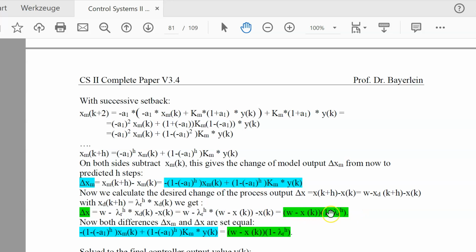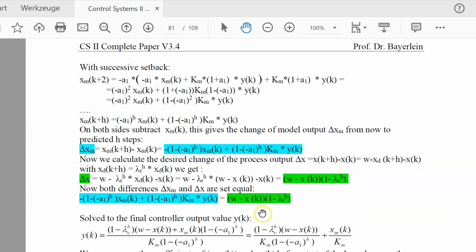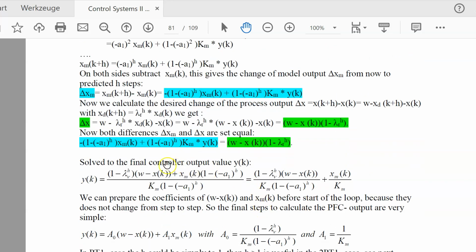So this is a green result, this is a blue result of the second part, green result of the first part of the theory, and now I set this in one equation equal. So that I say the blue part process difference must be the green part process difference. And now look what happens if I do this.